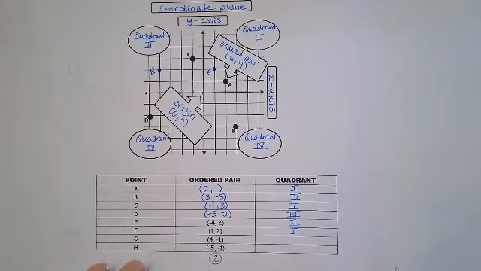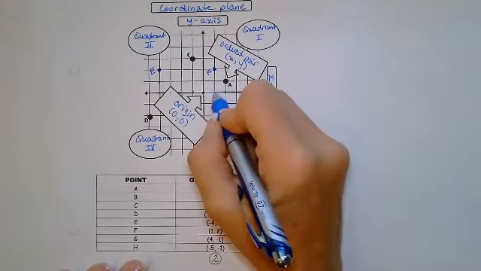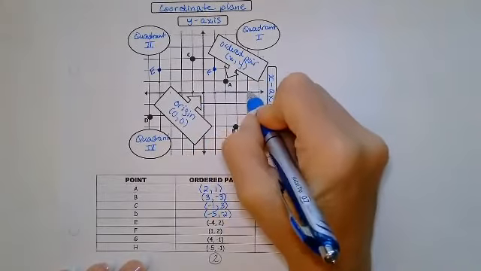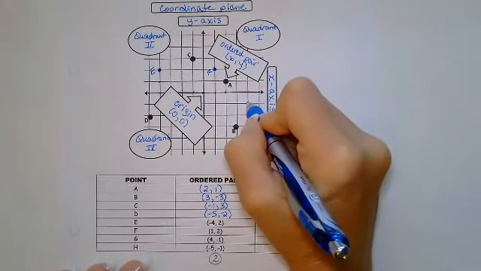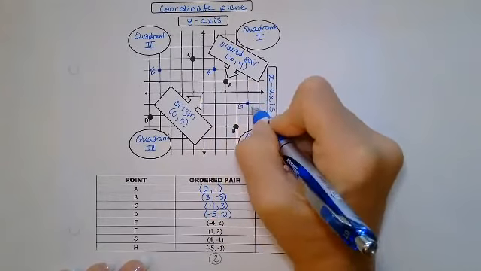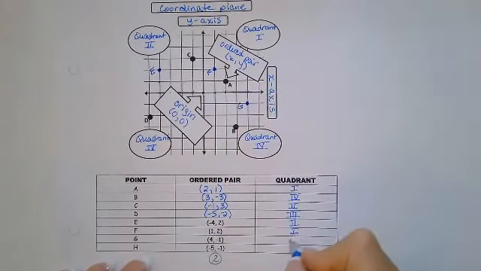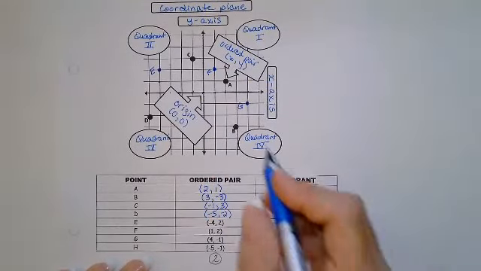Point G is located at 4, -1. So I'm going to go to 4 on my x-axis and down 1 on the y. And right here is point G. And it's in quadrant 4. Point H is located at -5, -1.